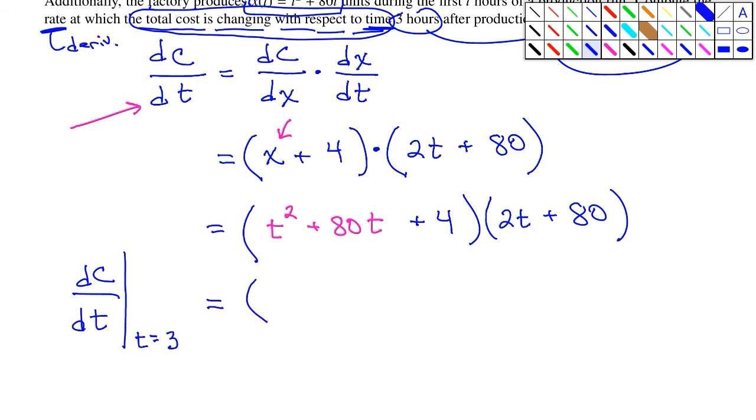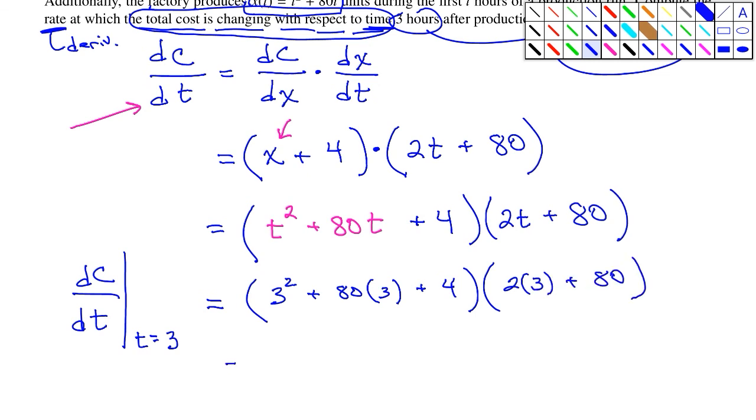It's like f of something, but since you don't have an of with a dC/dt, you have to use this. So we're going to plug in the 3. 3 squared plus 80 times 3 plus 4, times 2 times 3 plus 80. Work all that out. The answer is 21,758.